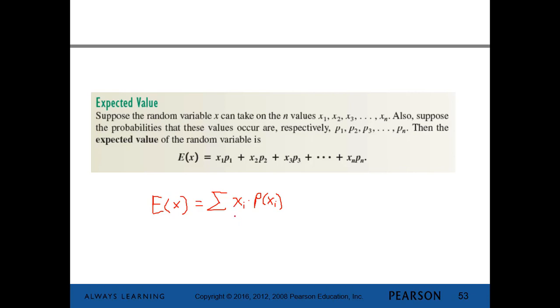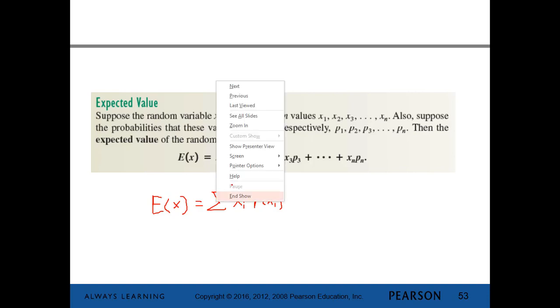So we're going to take all of the products, basically the value of the random variable times its corresponding probability. We're going to take all of those products and add them up, and that's the average. That's the expected value. Okay, that's what we're going to do.